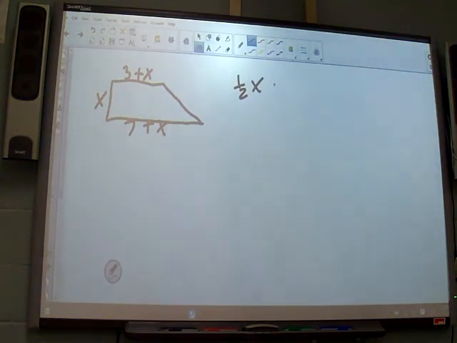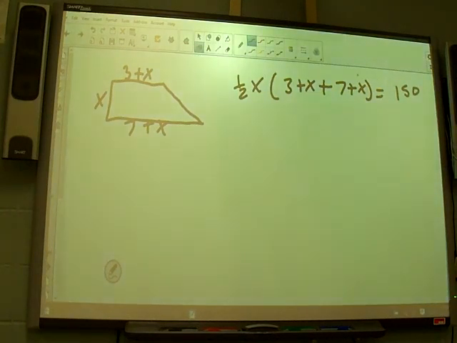1/2 the height times what you get when you add the bases is equal to the area, which she said was 150. So inside that parentheses, when you add the bases, that 3 plus 7 is 10, and that x plus x is 2x. So now when you distribute that half, everybody's like, oh no, you're going to have a fraction.